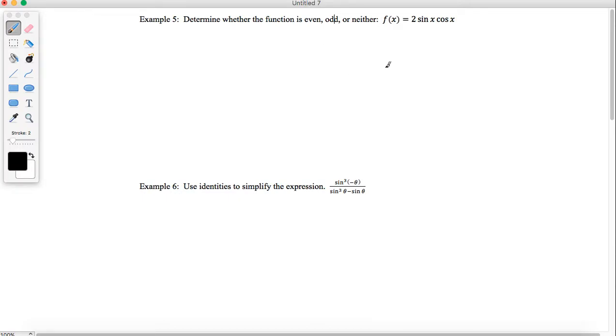Example 5, determine whether the function is even, odd, or neither. We have f of x equals 2 times sine x cosine x, right? Remember, if I want to determine if it's even, odd, or neither, I'm going to plug in negative x. Well, I already know that my sine function is odd, right?